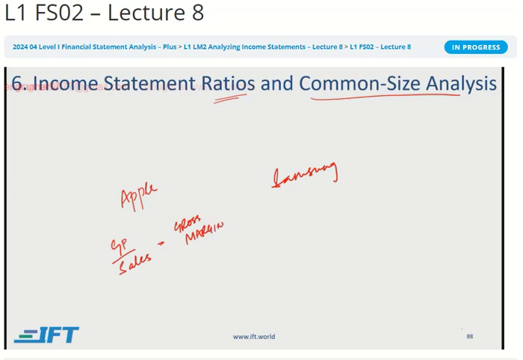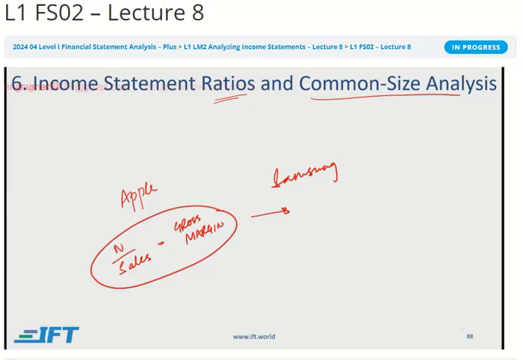And then you can compare that for the two companies, and it becomes very easy to know which is a better company in terms of profitability with respect to their gross margin.